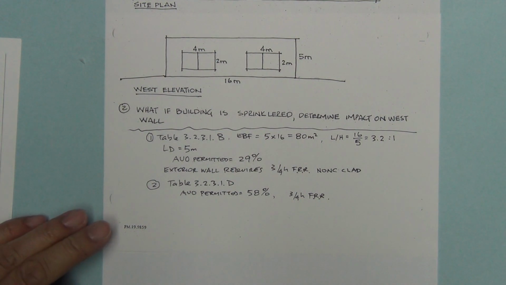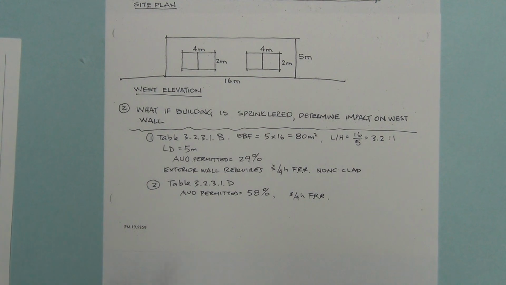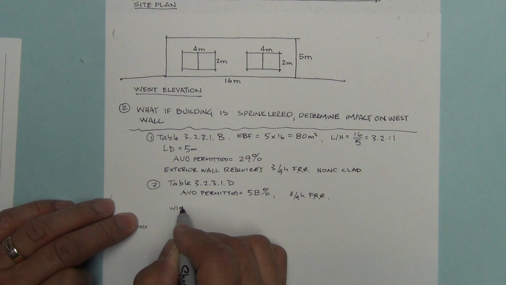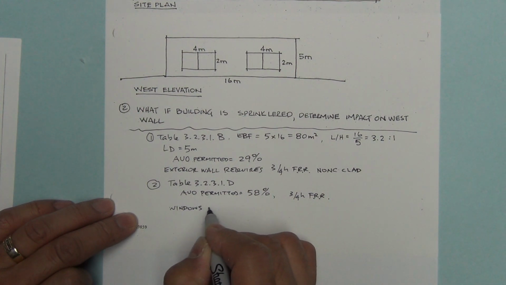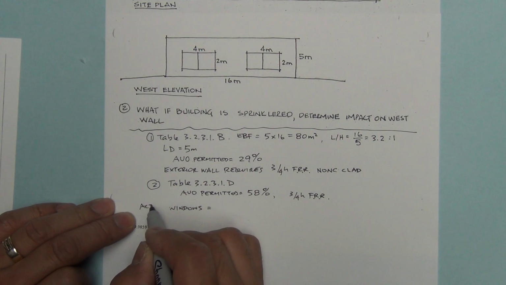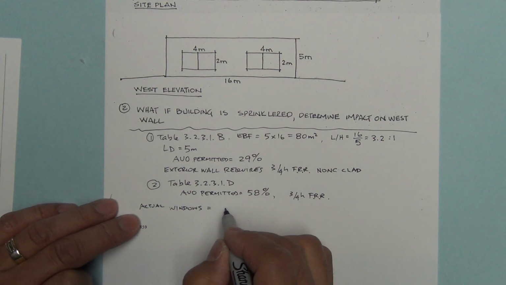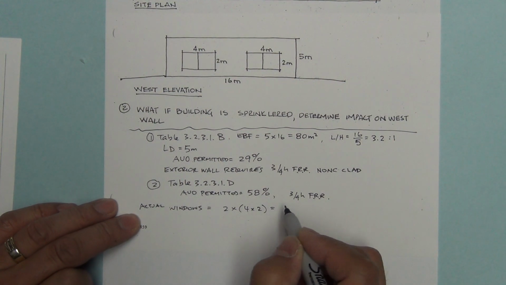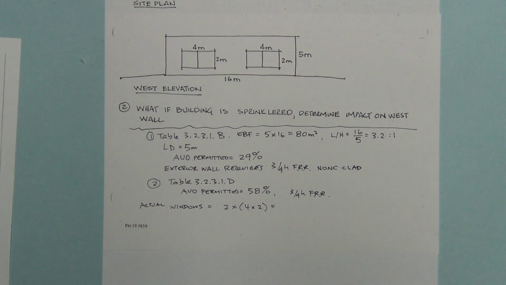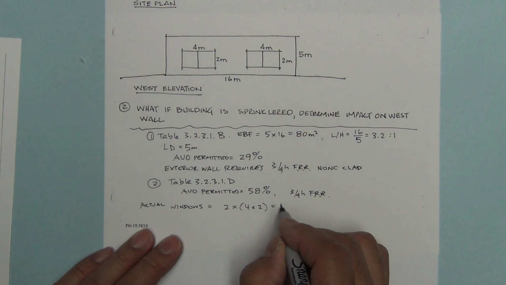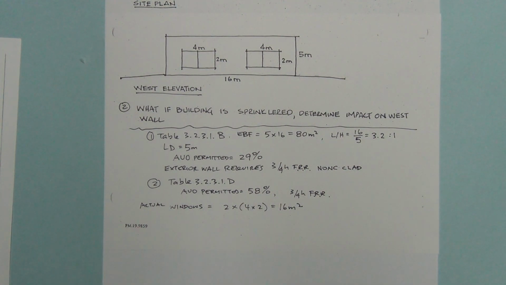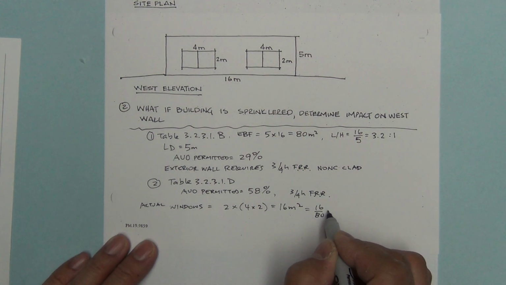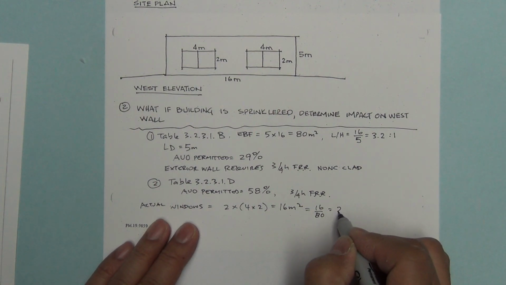Okay, it's just to double check then, back to the question on number 1. The proposed amount of windows, so the actual amount of windows is 2 times 4 times 2, which is 16 square meters, and that converts to 20%.